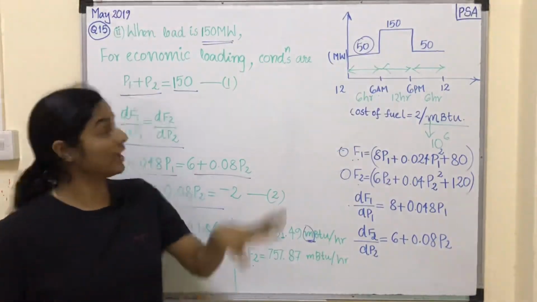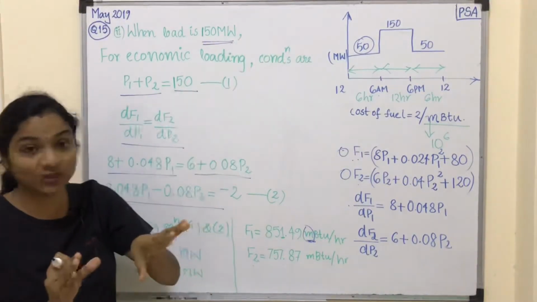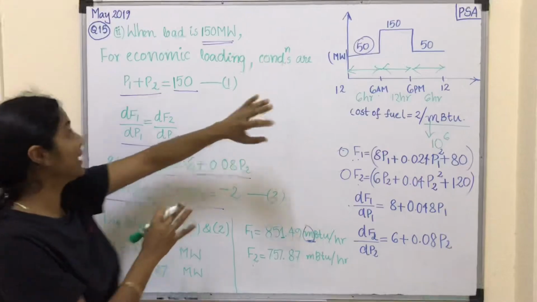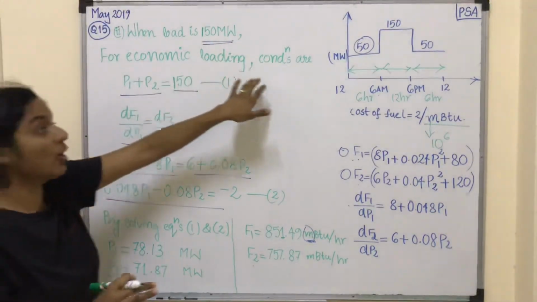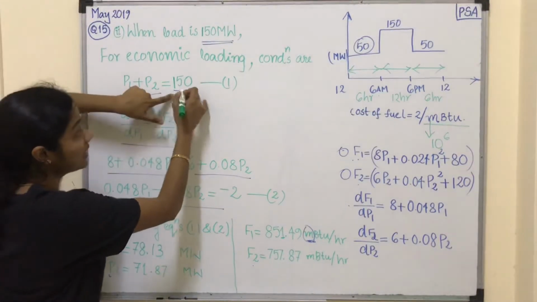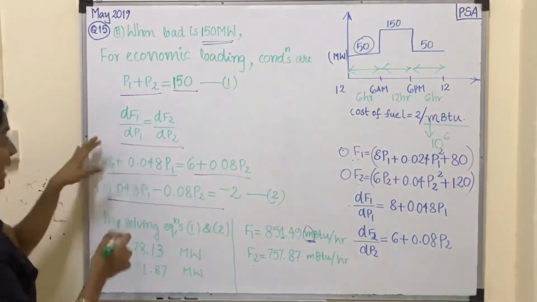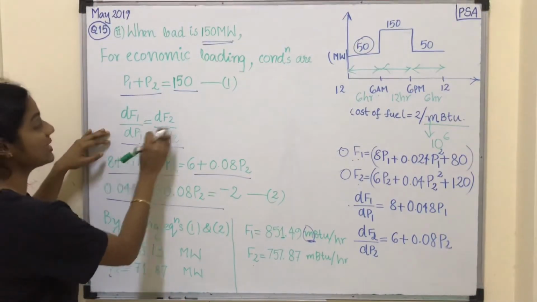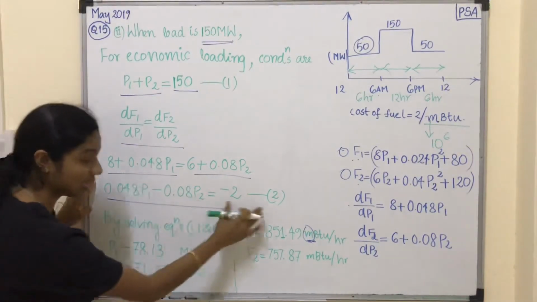In the same way, for 150 megawatts of load, I am just replacing the values for 50 megawatt. That is, when load is 150 megawatt, for economic loading, the conditions are P1 plus P2, now instead of 50, we have to write 150, and same way dF1 by dP1 is equal to dF2 by dP2, and these formulas remain the same.